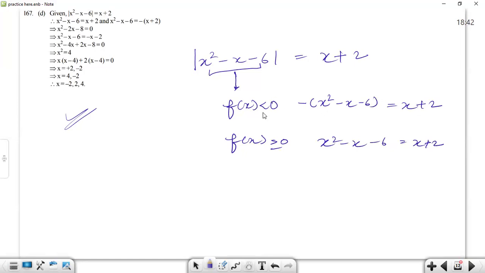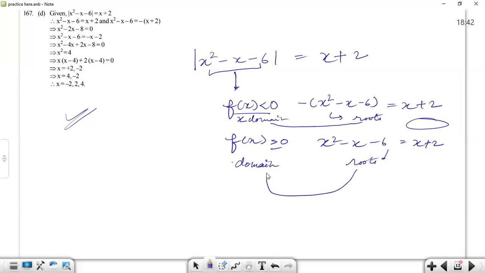For this there will be a particular domain for x, and particular roots of x. After finding the roots, we have to check whether they are in the domain or not. If they are in the domain, we consider that root. The same goes for the other case. There will be a certain domain for x, and some roots from this equation. If the roots are in the domain, then we consider them in the answer. That's what we have done. Understood?